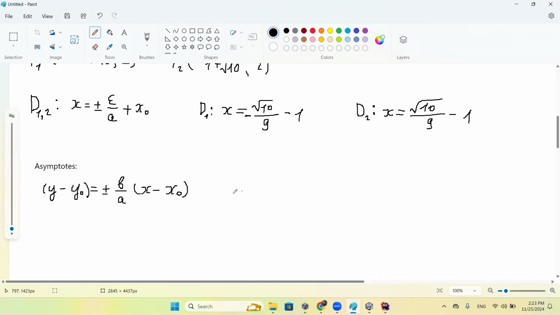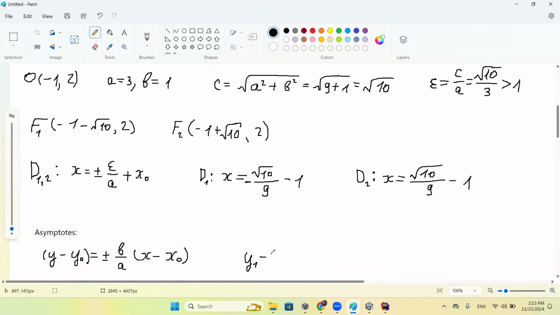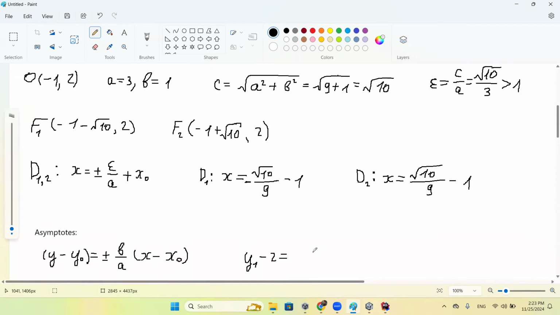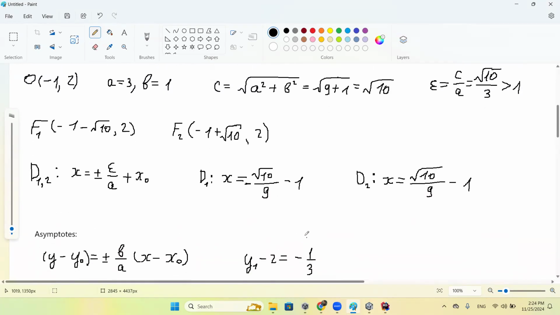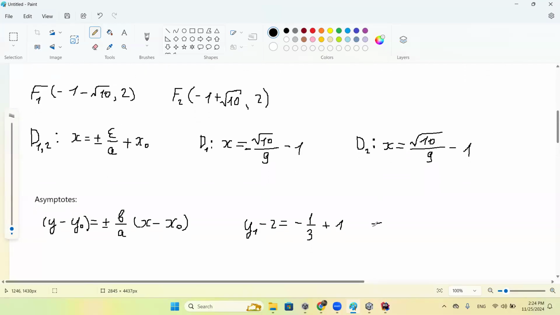So the first asymptote, y1 minus 2 equals minus 1/3 x plus 1. So y1 equals minus x plus 1/3.